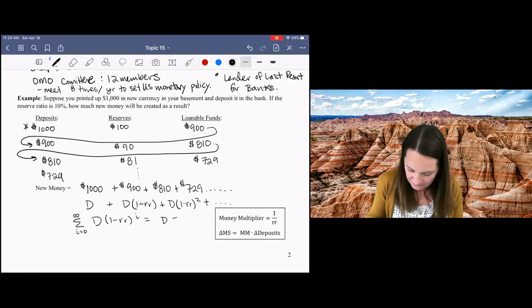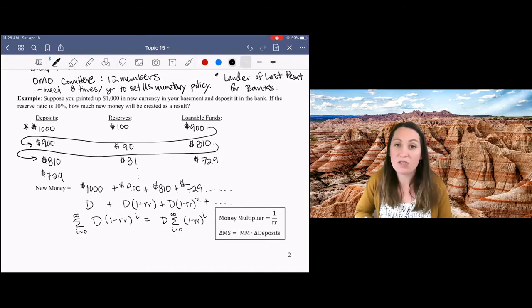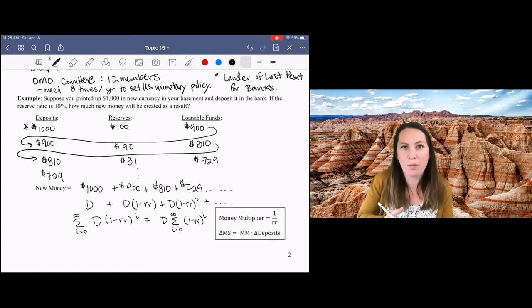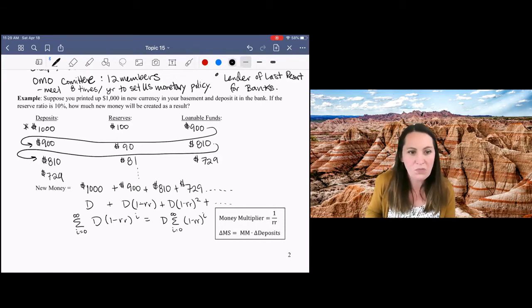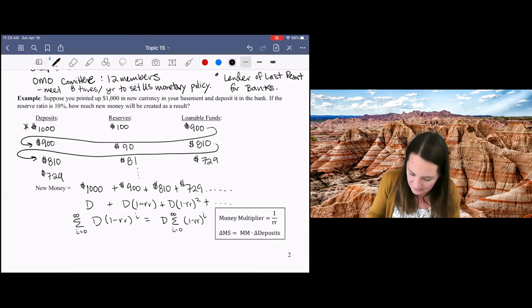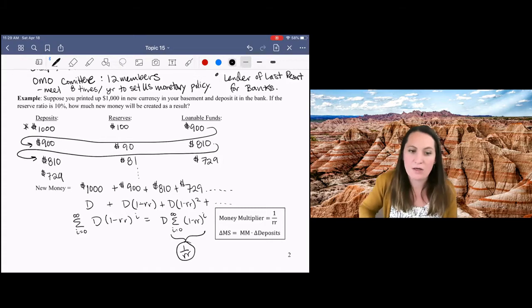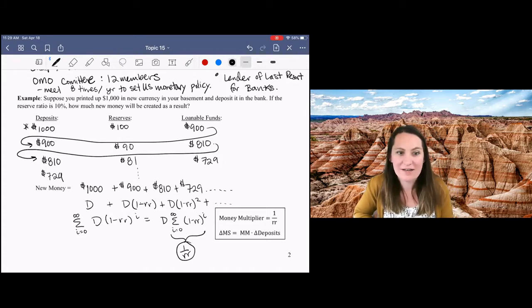The amount of deposits can be taken out of that summation, and what we end up with is this, where of course the reserve ratio is the percentage of deposits held in reserve, so a number between 0 and 1. All right, now that all looks really terrifying, but the good news is that this reduces to something really simple, okay? This summation, in its limit, is 1 over the reserve ratio.